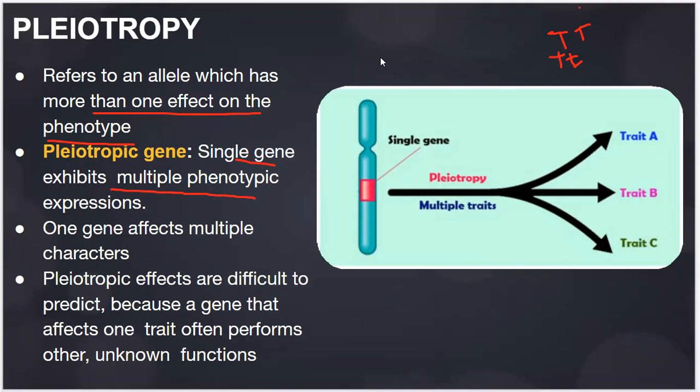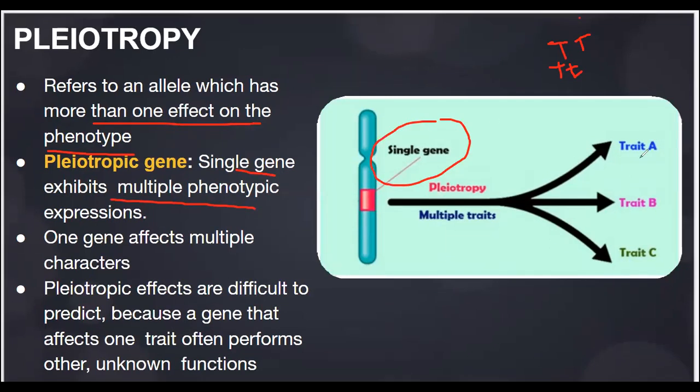Obviously, it becomes difficult to predict because only one gene is involved. So we don't know which gene this trait is coming from, or whether these traits are linked to the expression of a single gene. So pleiotropic effects are difficult to predict because a gene that affects one trait often affects others also.